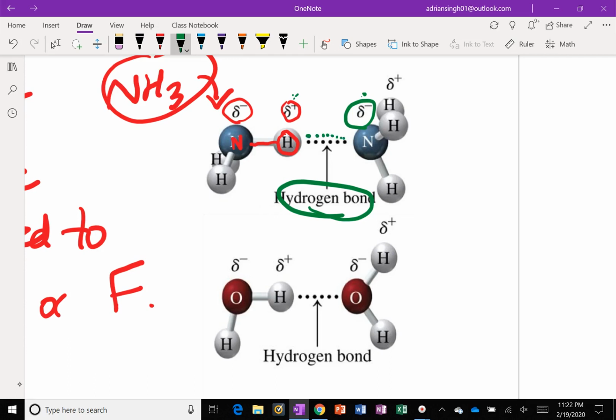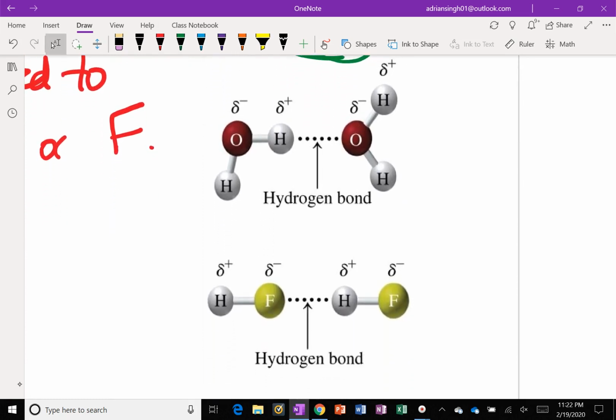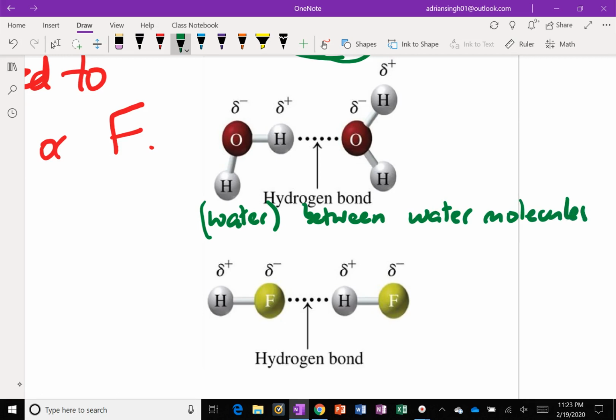Just like that. Another very important molecule where hydrogen bonding is important is H2O. Water has a lot of hydrogen bonding between the water molecules. Again, it's an intermolecular force, meaning it's between different molecules.